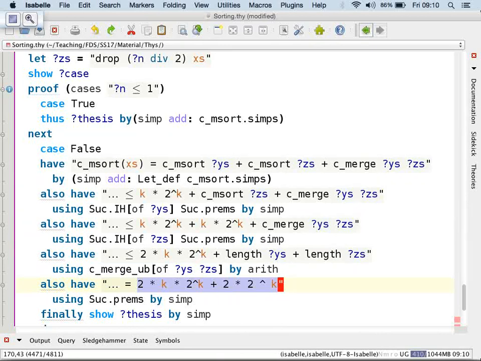And if you multiply that out, then you get exactly the expression that we have here, 2 times k times 2 to the k, because this is, of course, 2 times 2 to the k, and if you multiply that with that, then you get exactly that expression.